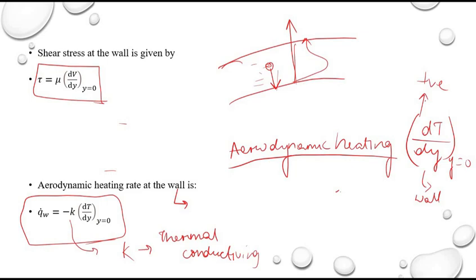Now, what happens if my temperature gradient is negative? Then there is a temperature decrease in the direction above the wall, in the positive y direction.